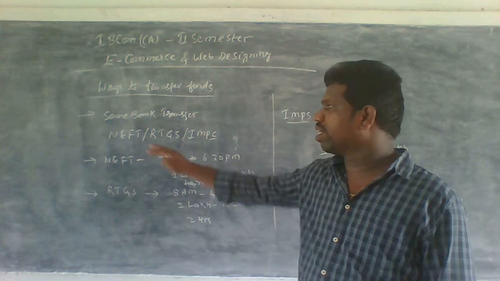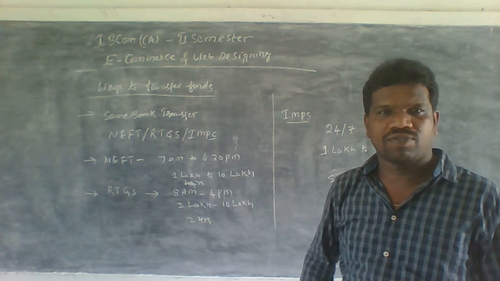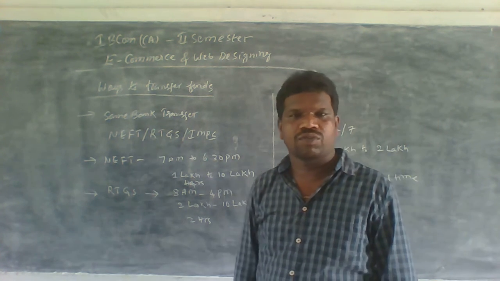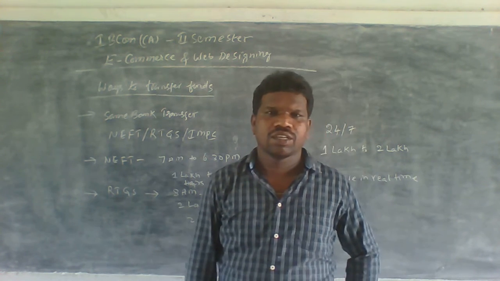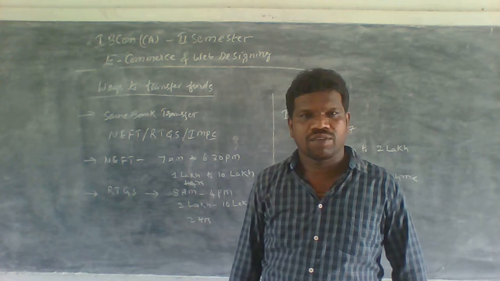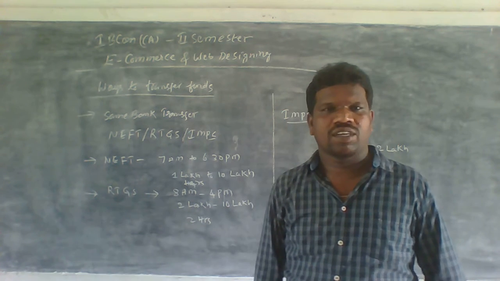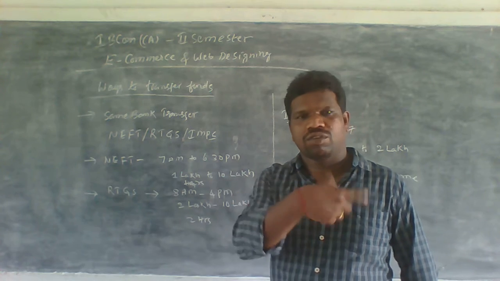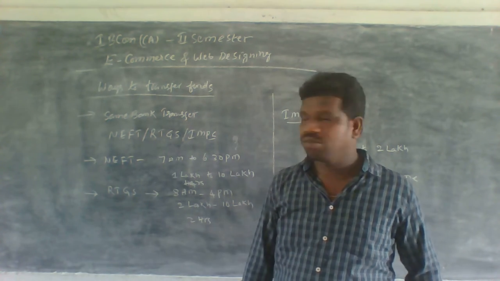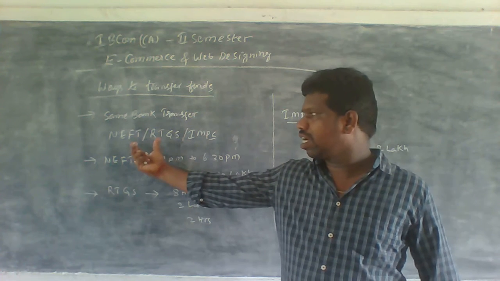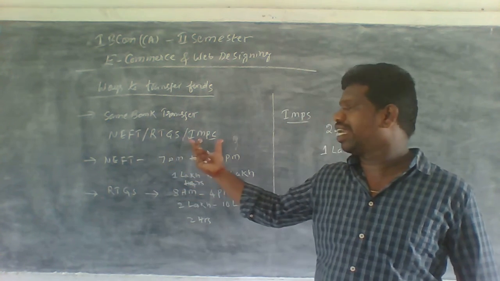These are very important while we are transferring funds from one place to another, from one account to different accounts. If you want to transfer funds from your bank and send to a number of persons, in this scenario we use these operations: NEFT, RTGS and IMPS.